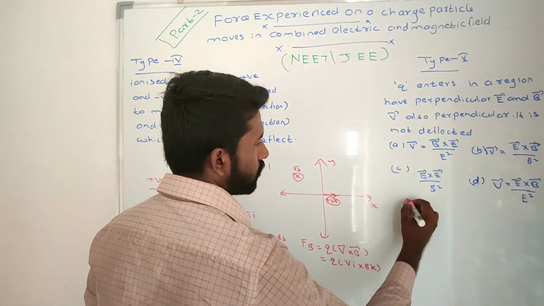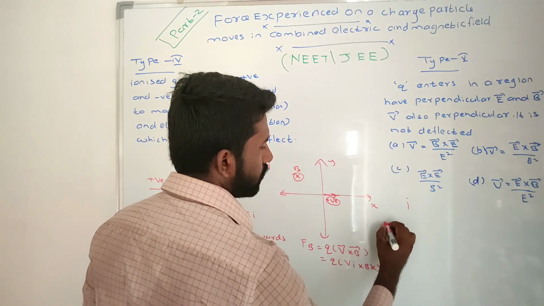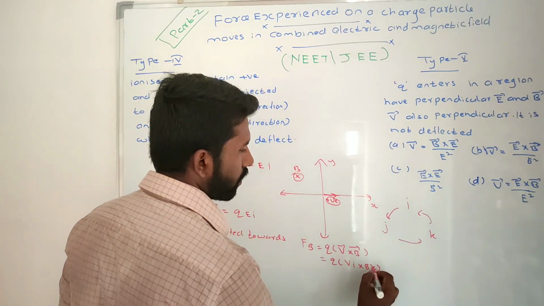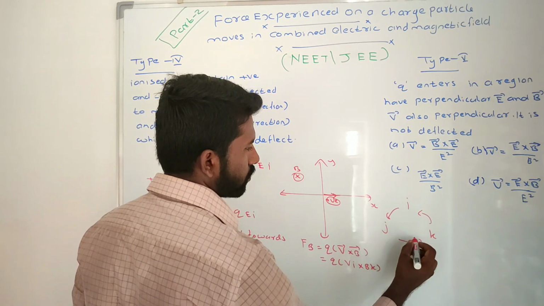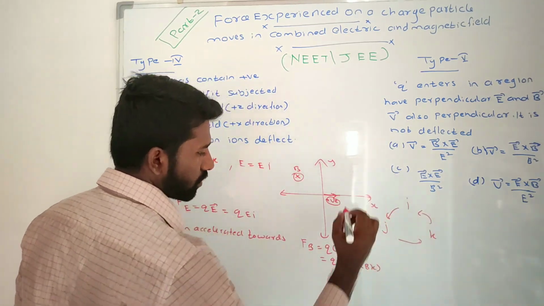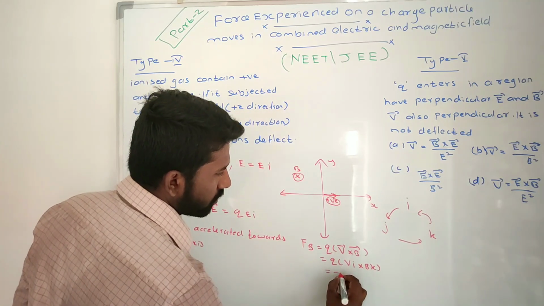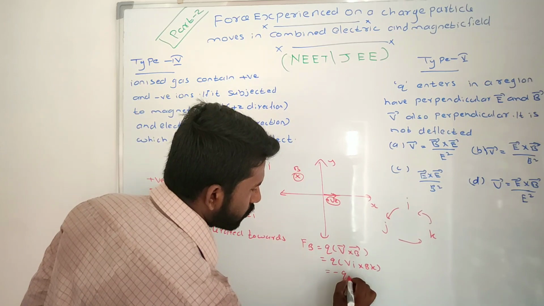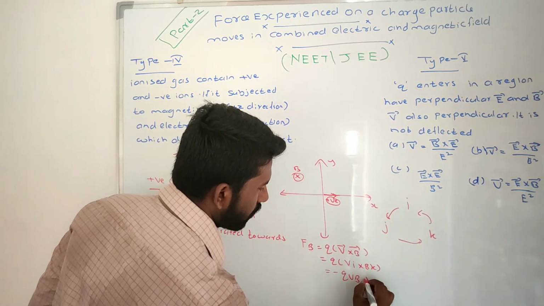We take I, J, K like this. Anticlockwise directions are positive. I cross K is in the clockwise direction, so it is negative, and it is in the J direction. You get minus J, so you get minus Q V B.